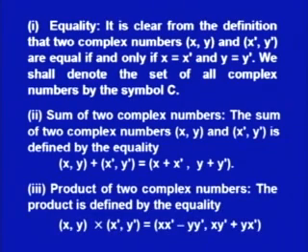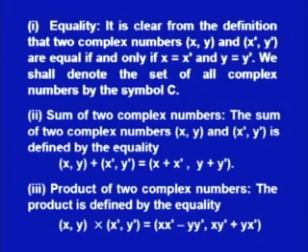The third operation, that is the product of 2 complex numbers. The product is defined by the equality (x, y) into (x dash, y dash) equal to (x x dash minus y y dash, x y dash plus y x dash). That is, if we take two complex numbers, for example, say (2, 3) and (4, 5), then their sum will be (2 plus 4, 3 plus 5).